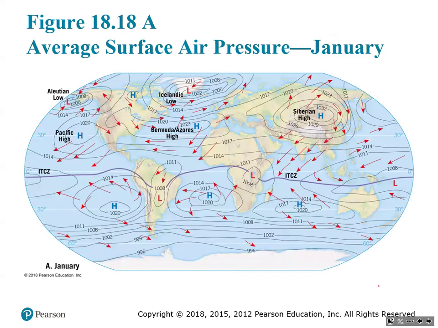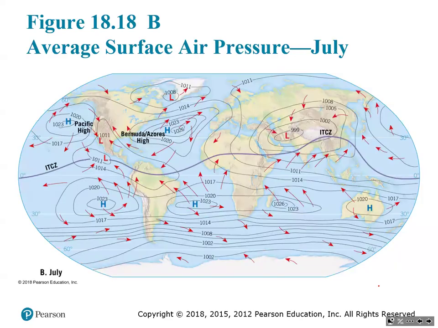So for example, here in January, you can see we have the Siberian high and India, which gets monsoons. There are other places that get monsoons, but India is a good example. You can see the air is flowing down and off the land into the ocean. So you have very dry air in the winter, the cool months.